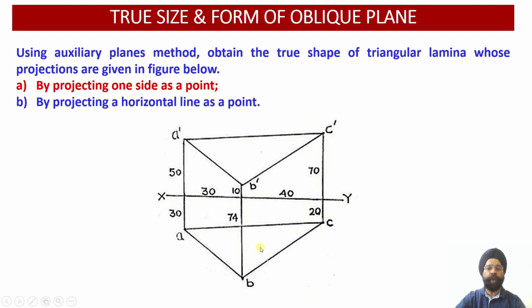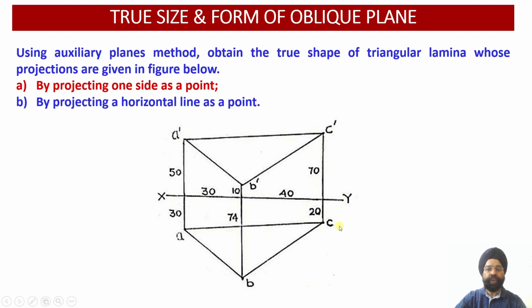We can see that the coordinate projections of the lamina in the front view, that is A dash, B dash and C dash, have been provided to us. Similarly, the plan projection of this lamina, that is points A, B and C, is also available.